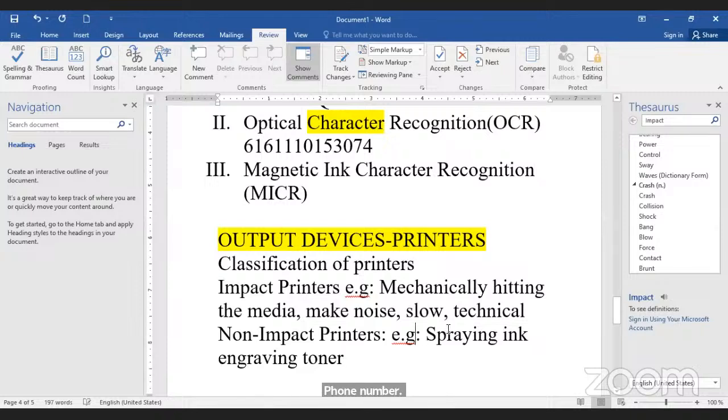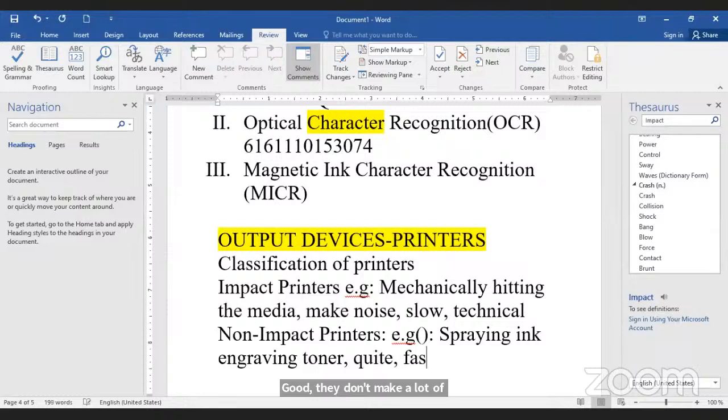Examples of non-impact printers. So they are quiet, they don't make a lot of noise. They are faster, right? They are easy to use.